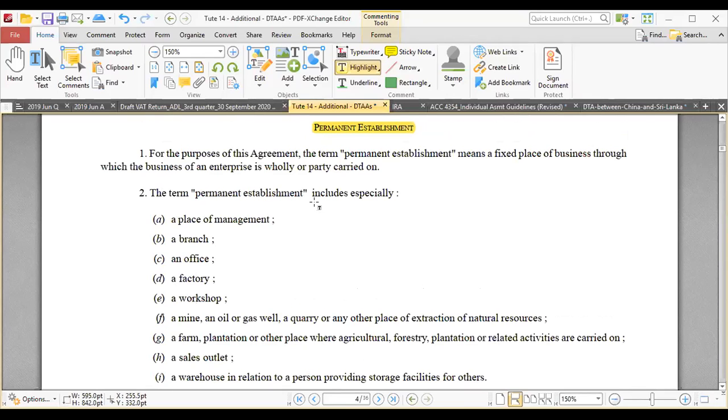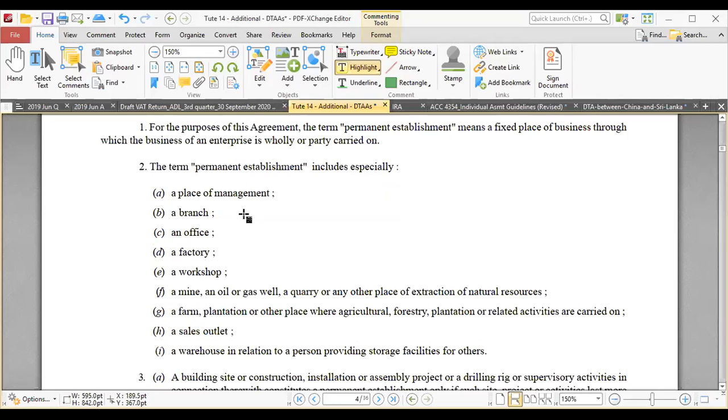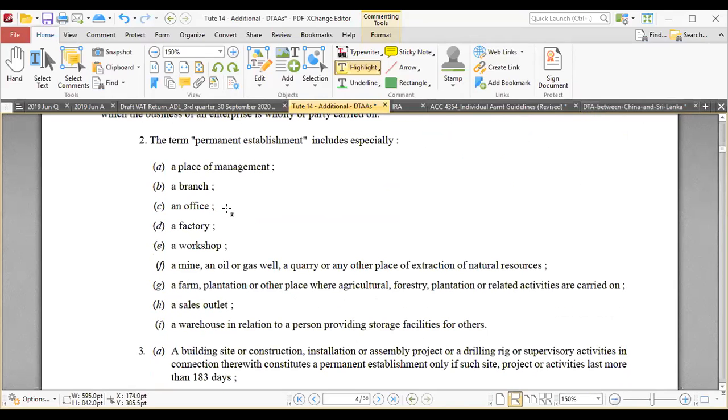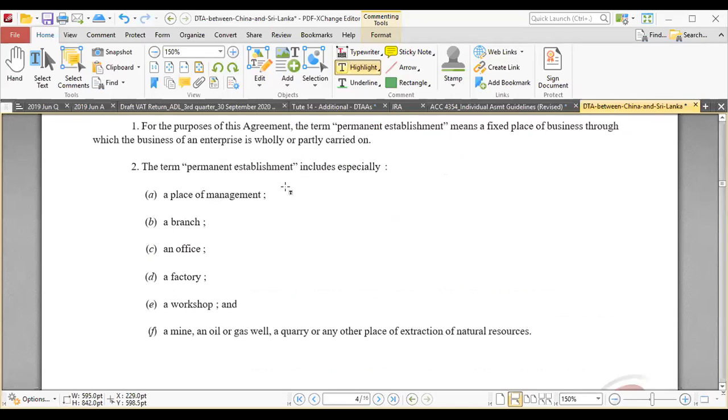First of all, you need to write down what the IRA says, and the analysis part. Then you can compare what the India DTA between Sri Lanka and India says. In the China one, they have only A to F in the case of permanent establishment.